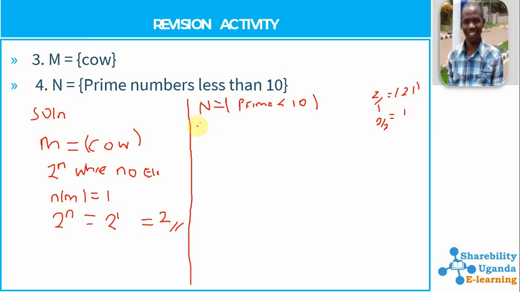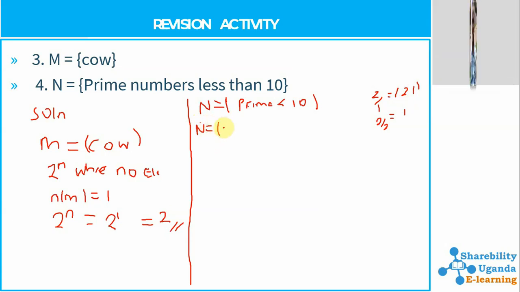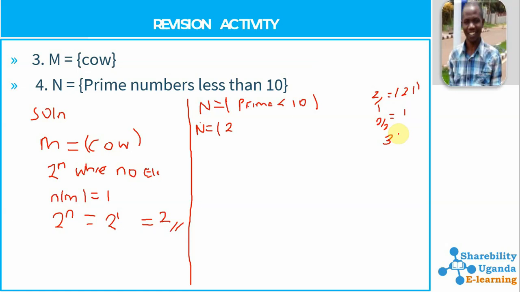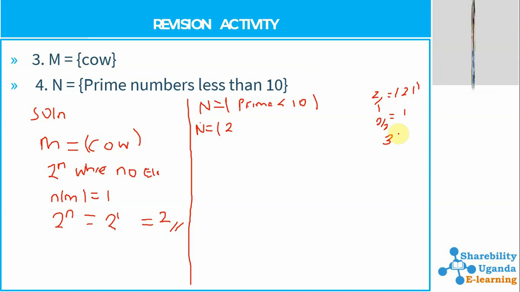So here, our n is going to be equal to the prime number that we have got, 2. Then let's try our 3. We are looking for numbers which have 1 and itself as their common factors.